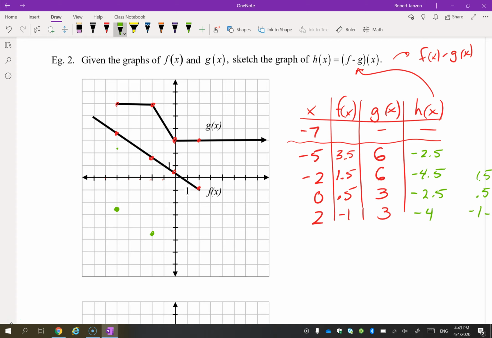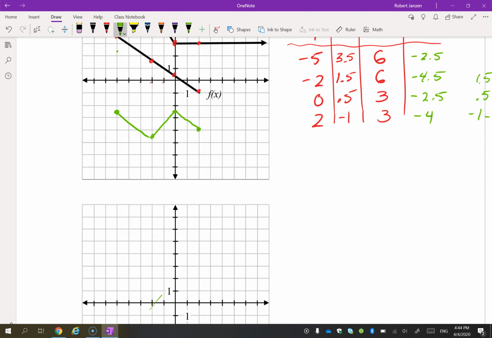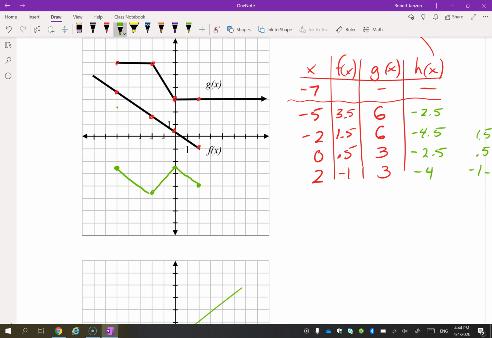Then at 0 we go to -2.5, and at 2, we'll go to -4. After that, it doesn't exist. So let's put this together. We're going to get a graph that looks something like this. A little bit of a strange one. I didn't do it down here; usually it's easier to do it on the same graph.